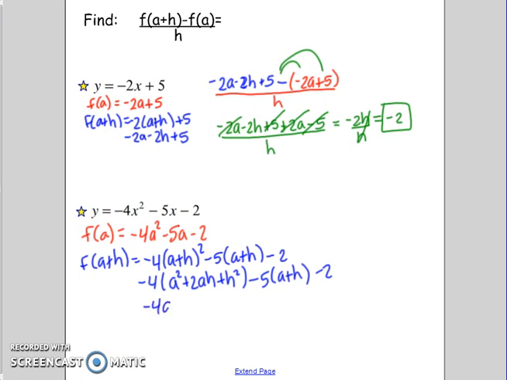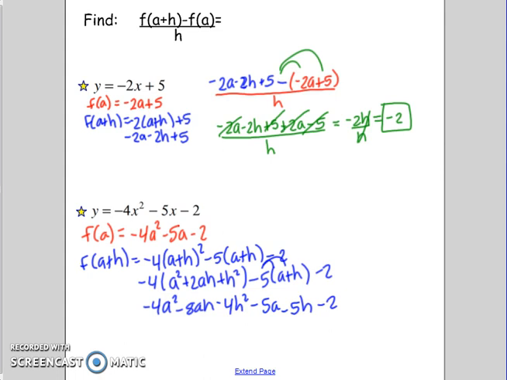So this is going to be negative 4a squared minus 8ah minus 4h squared. Distribute the negative 5, so you get negative 5a minus 5h minus 2. Okay, so that is our f of a plus h.